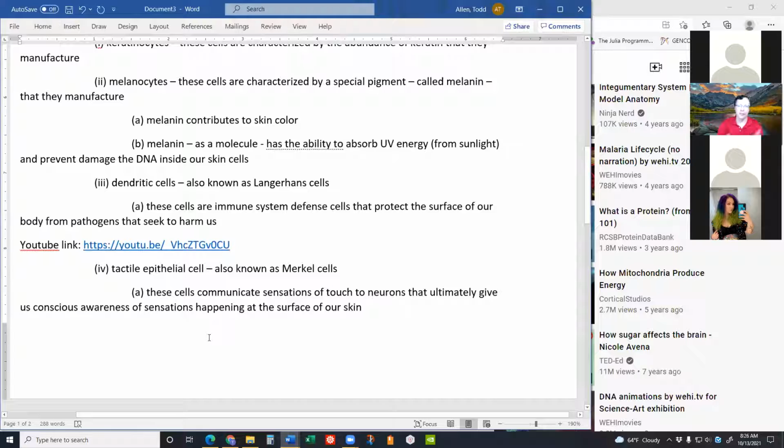What I'd like you to pay attention to is, first off, the layering of cells in the epidermis and what happens to the layering of cells when new cells are manufactured. Additionally, take a look at some of the defense cells that are described in the video. The video is going to seem very foreign to you. It's going to be like somebody took you to the planet Mars and dropped you off, and you're like, what is all this stuff around me?